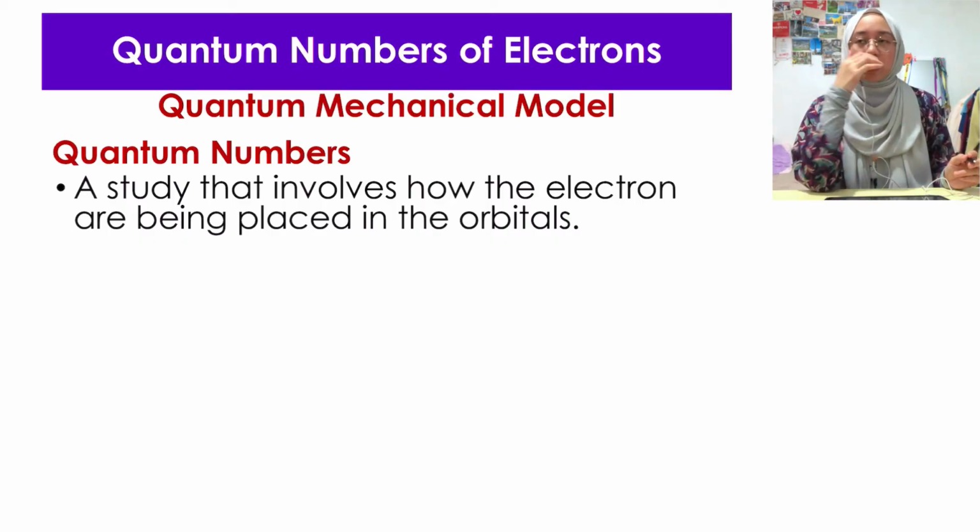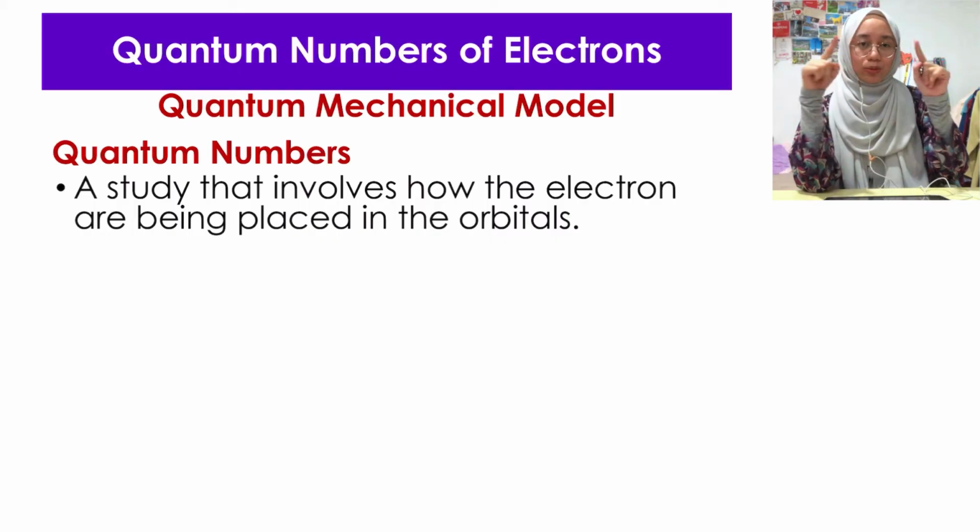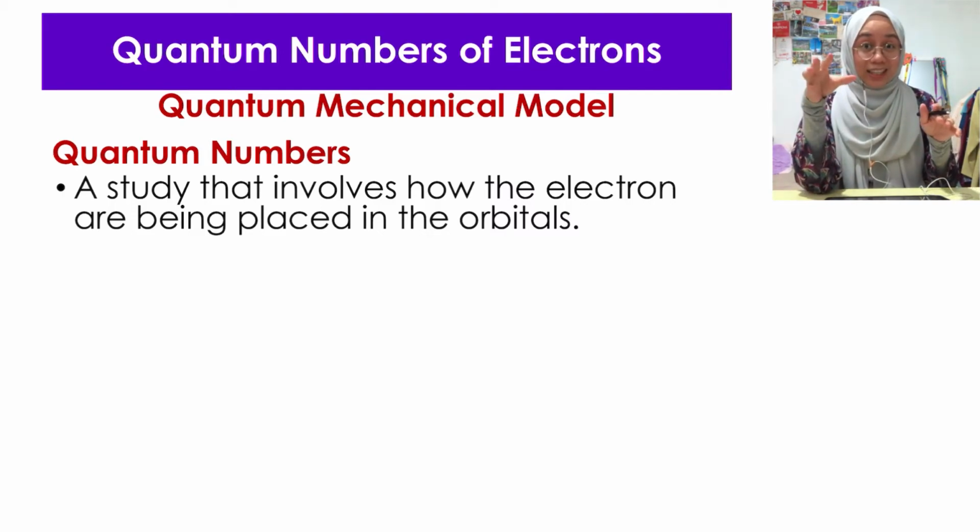Dia macam nak terangkan, kalau kamu tengok balik kamu punya surat registration matric tu ada nombor bilik kan, dia macam nak bagi tahu dekat mana position elektron tu sebenarnya dekat dalam atom tu. Macam nombor bilik kamu tu adalah nak tunjuk dekat mana kamu akan tinggal nanti dalam collection nanti.